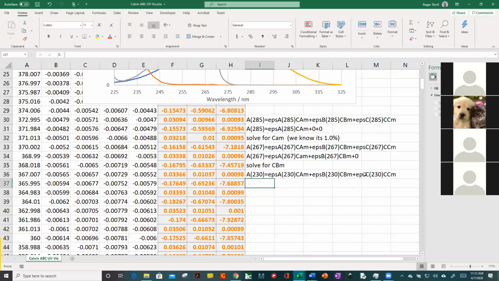And then you've got epsilon of component C times C of component C. This is reciprocal molar, and that's per percent, and that's percent. So you can solve for C_C in the mixture. Does that make sense?